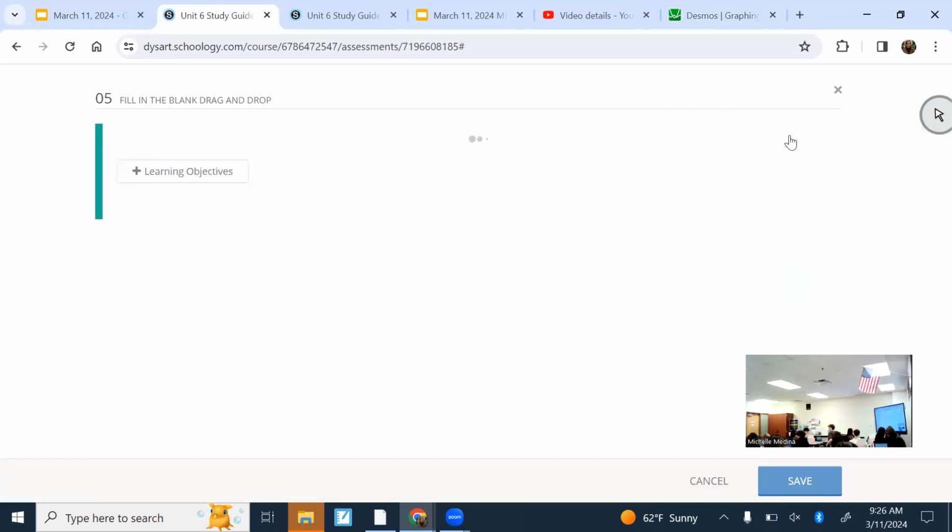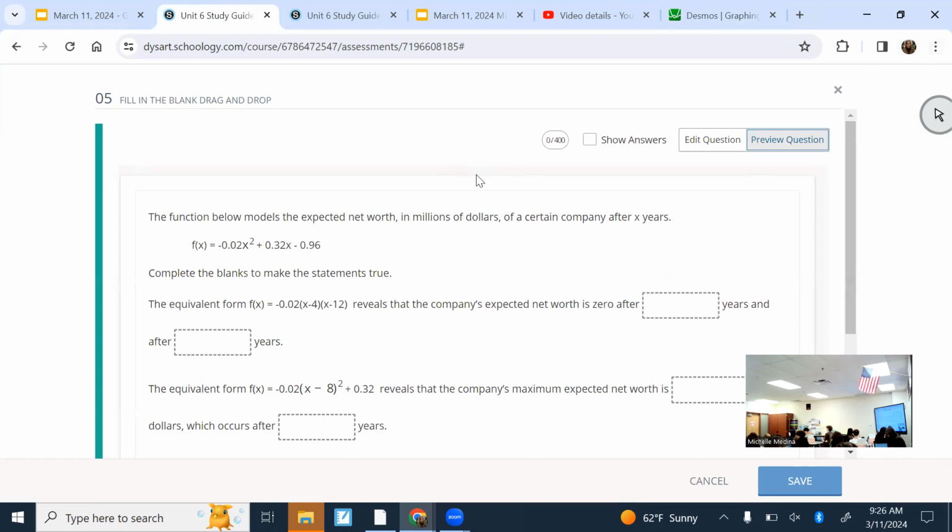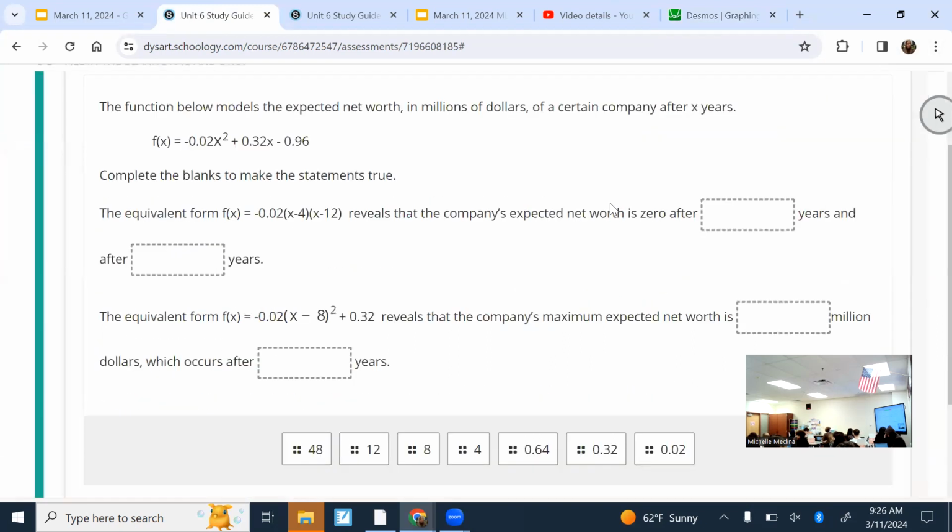Okay, so real life situation going on. We're comparing net worth and years, and it gives you the standard form. You could graph that if you want to see what the graph looks like. That might be helpful.